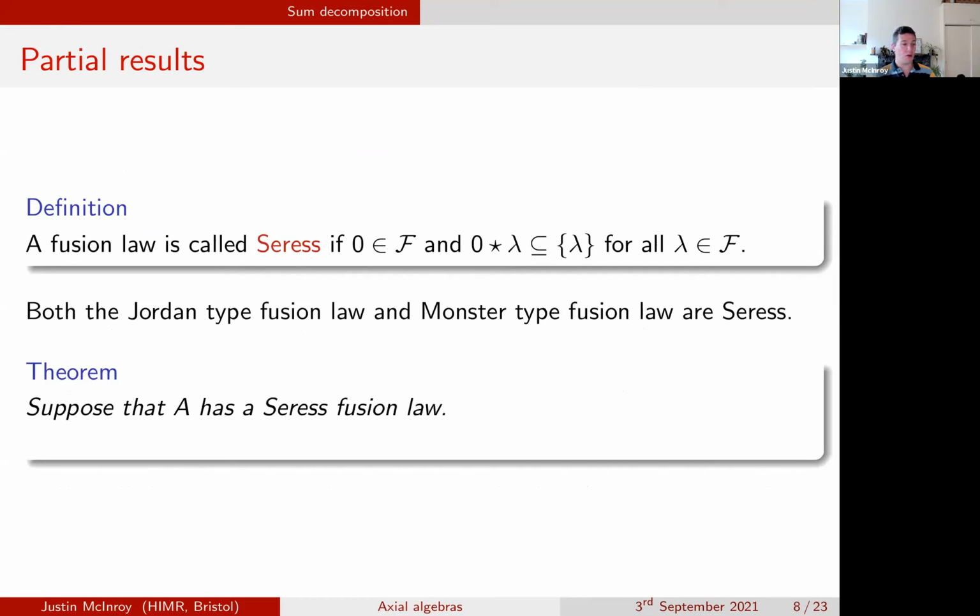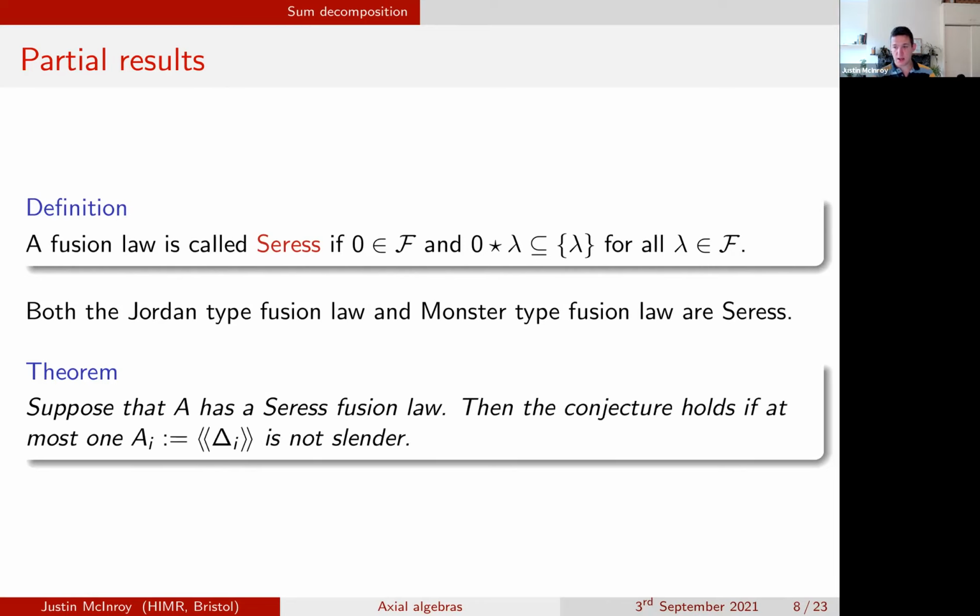And our partial result for that, remember our conjecture that we want to prove, is the following. Suppose that we have a Shpectorov fusion law, then the conjecture holds if at most one of these A_i, that is the subalgebra generated by this connected component here, is not slender.